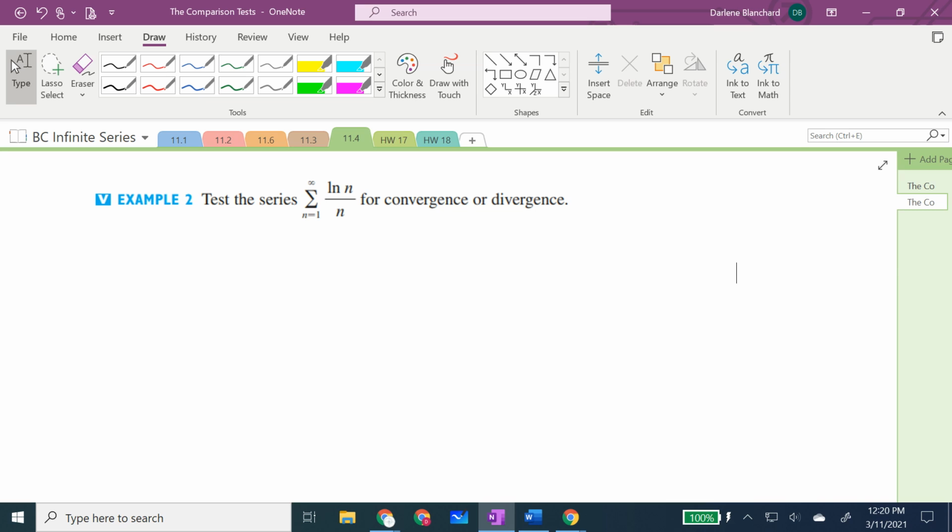Most people, given this problem, are going to throw this in the integral test. And I think you had this in your homework last night. And the integral test allows you to find out it diverges. But you might not think of doing this, but if you just kind of take the natural log out of the picture, you've got 1 over n.